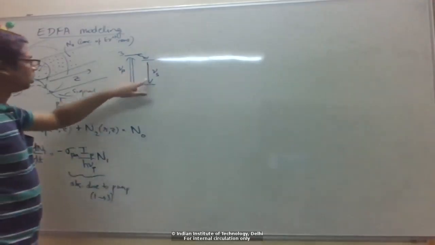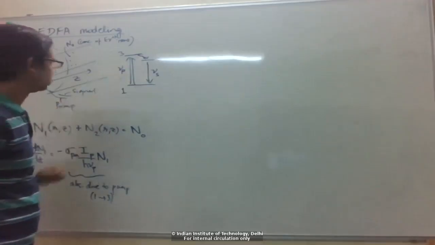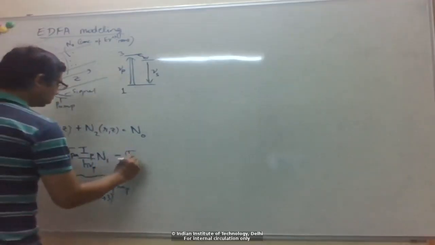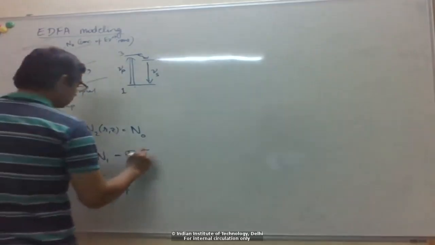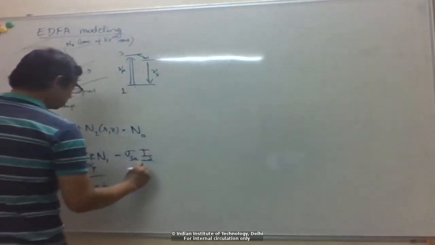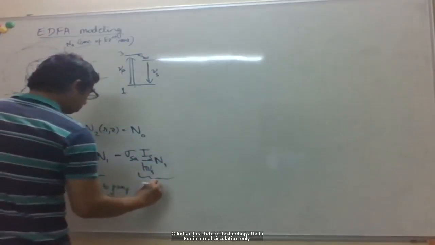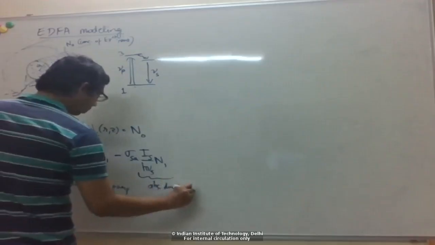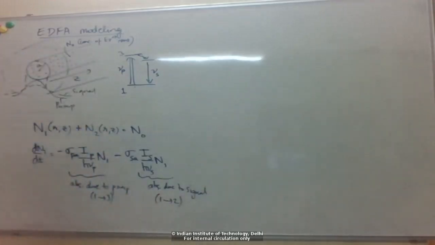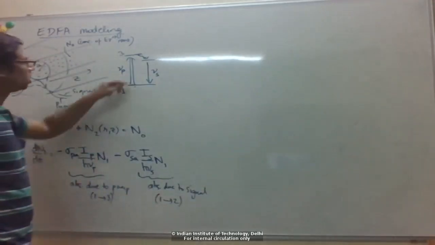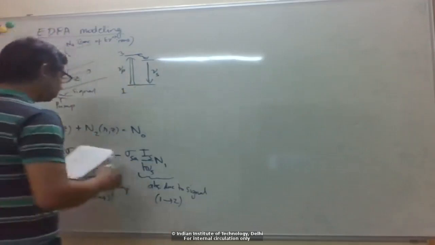Similarly, there could be an absorption due to the signal photon, right? So the atom could absorb a signal photon and go from 1 to 2. So that would be dependent on the absorption cross section at the signal wavelength and the signal intensity. And of course, there could be stimulated emission, which is what gives me gain, from 2 to 1.